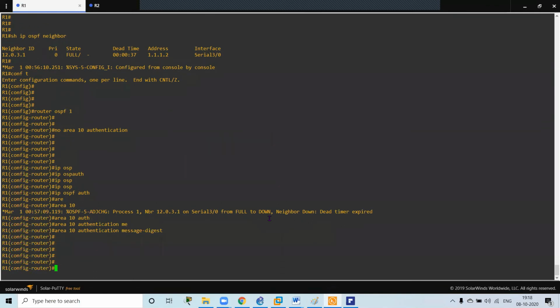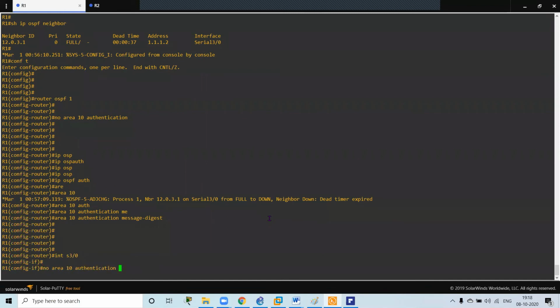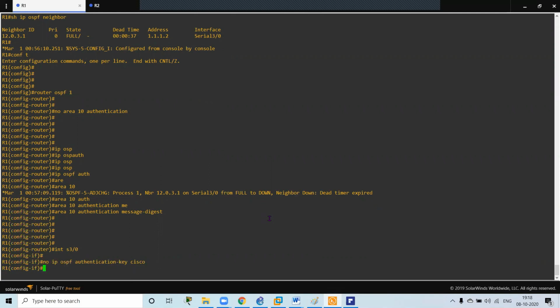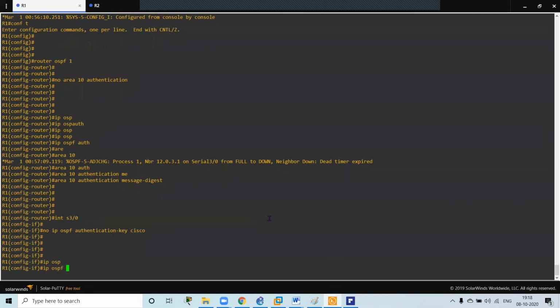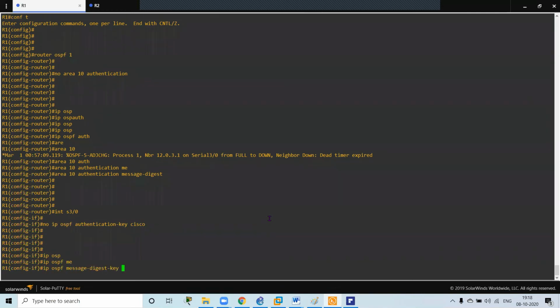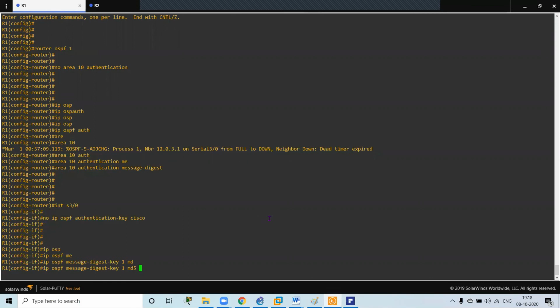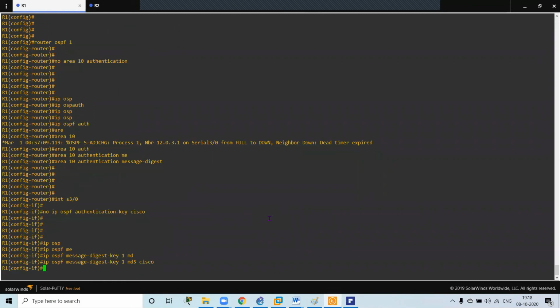Then on the interface, first remove this command, and give IP OSPF message digest key 1 MD5 Cisco.